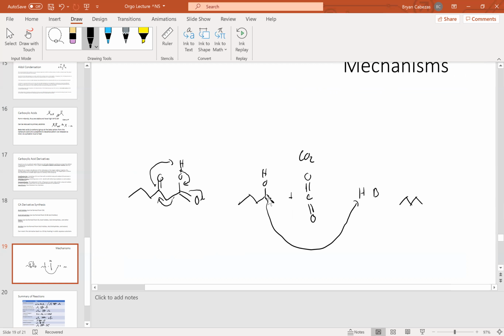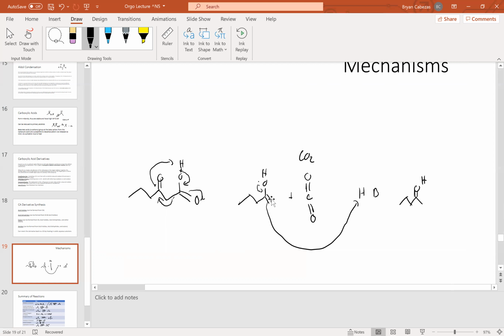Remember, because there's a double bond, if it gets removed, the hydrogen is just going to go onto this carbon. Now this carbon is losing electrons. So what the oxygen does is that it moves the electrons down and forms a double bond with our carbonyl carbon. Now this thing is fully protonated, right?